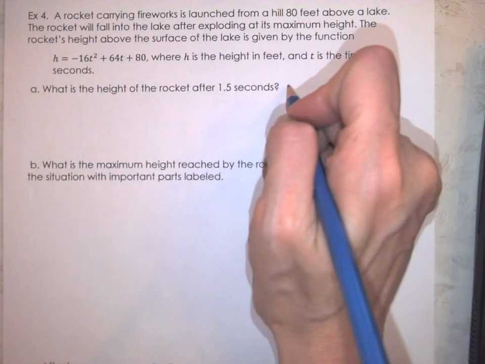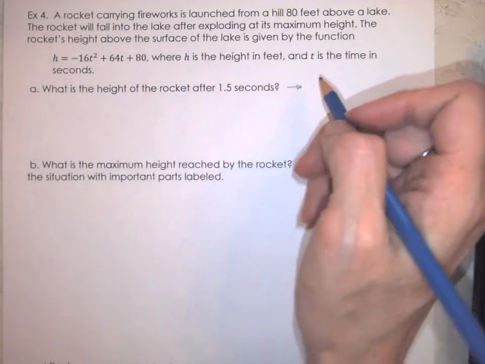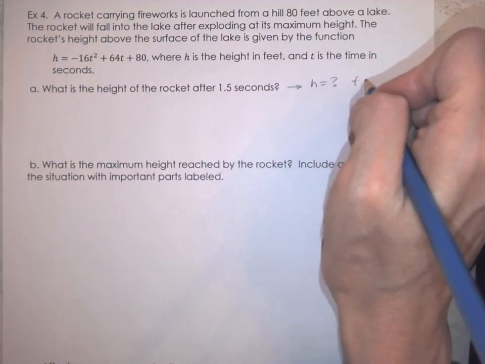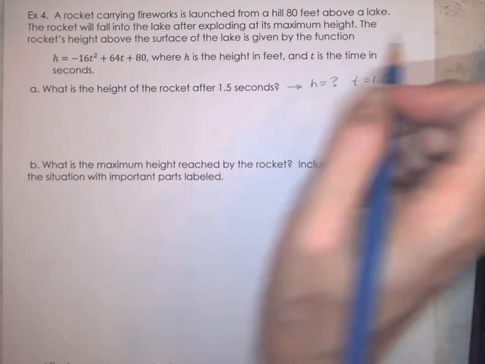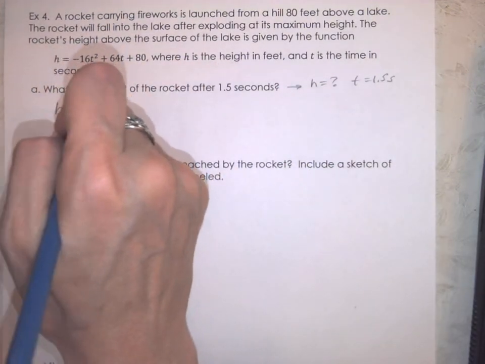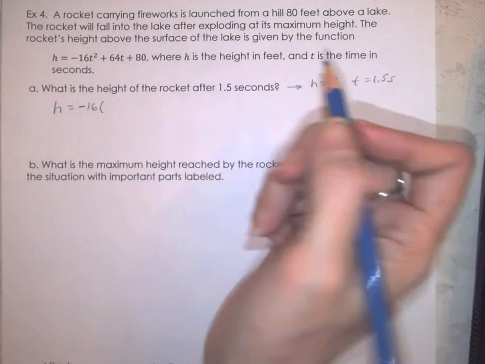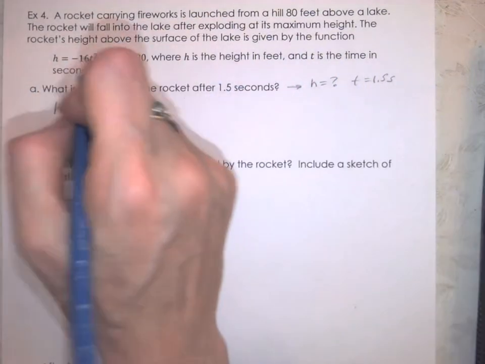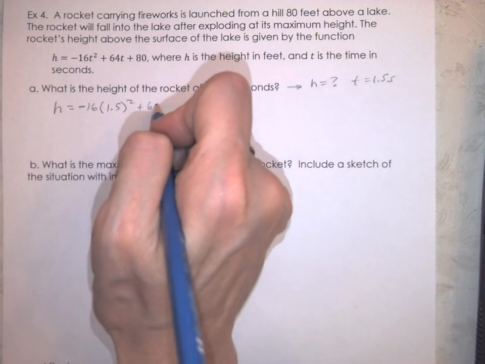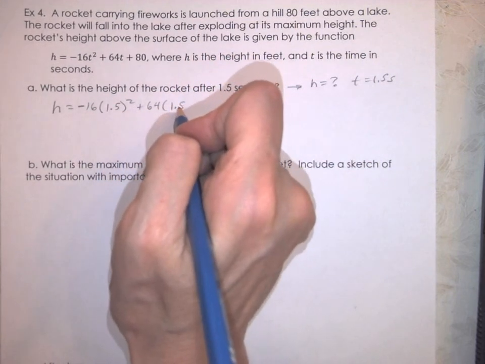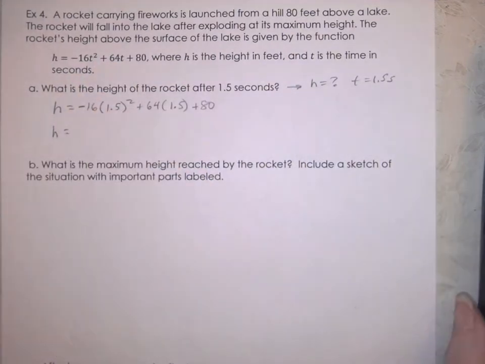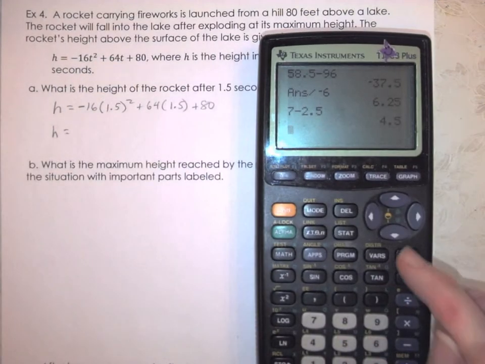So this question is just asking what the height is when time is 1.5 seconds. So I don't need to put it into vertex form to do that. I can just use the standard form and substitute 1.5 in, and then input that into my calculator.